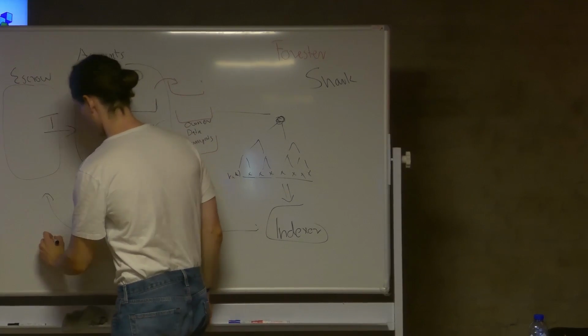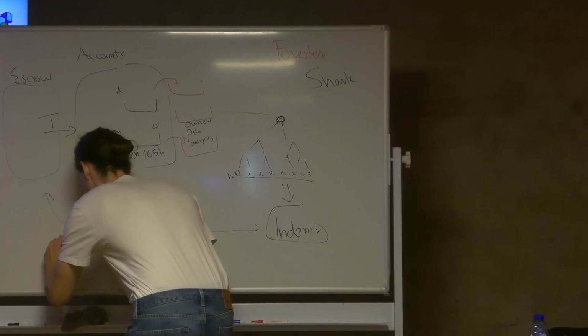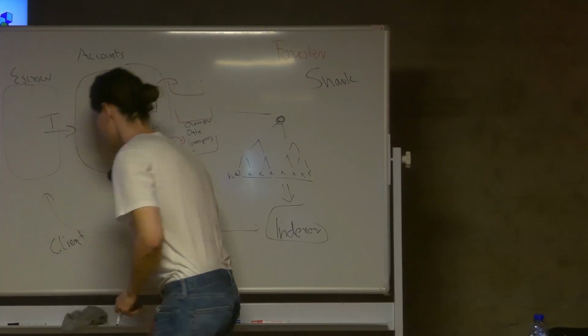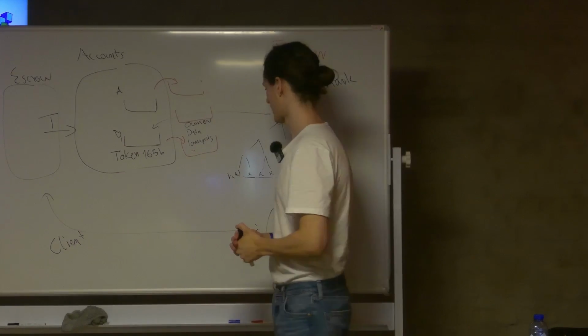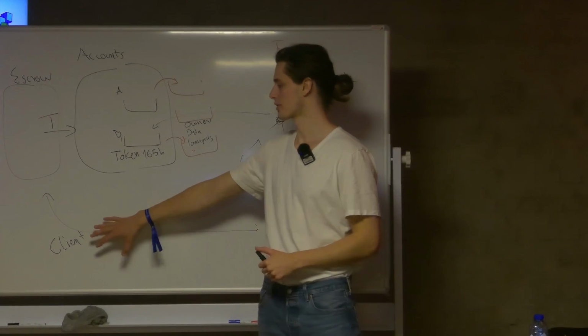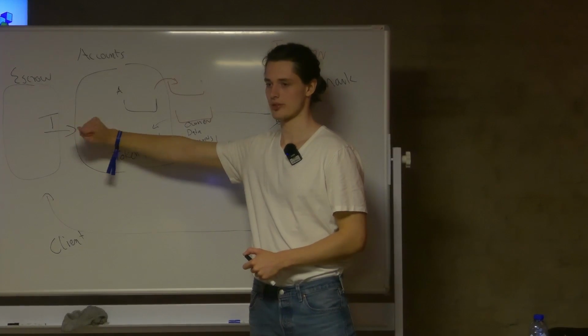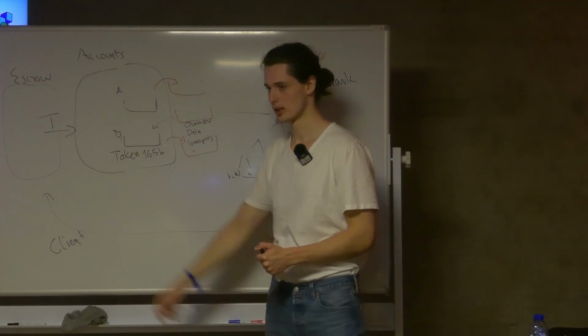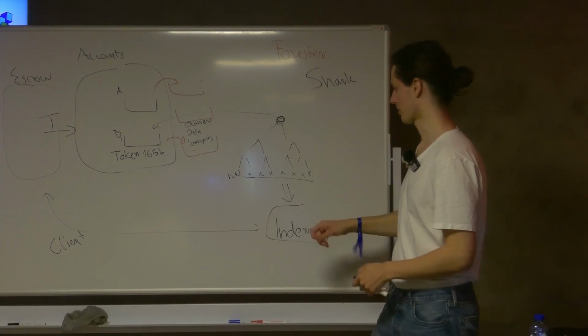And then you have a client, that's the user, and the compressed token account is owned by the user. Let's assume that now the user wants to escrow that compressed account into a custom program that is outside of the Light protocol.